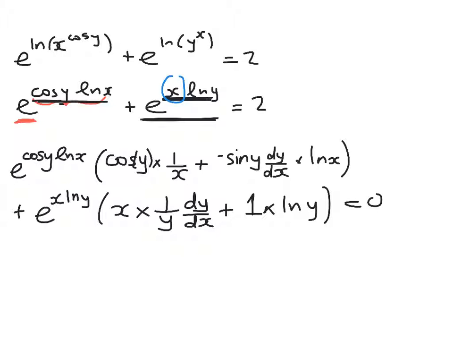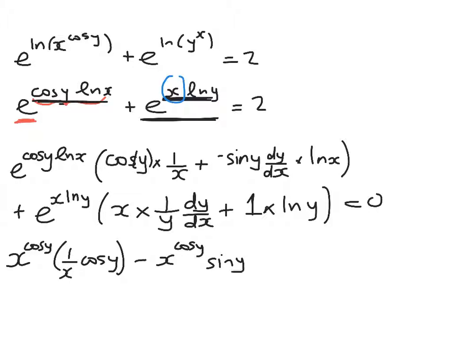Now I've just got room to squeeze in the cleaning up part. Here we've got x to the power of cos y times 1 over x cos y, minus x to the cos y sin y log x dy by dx.